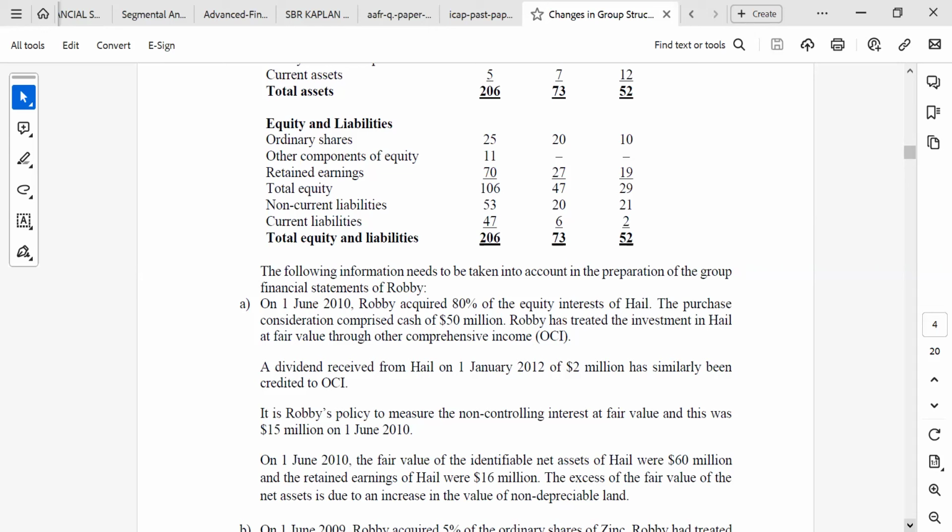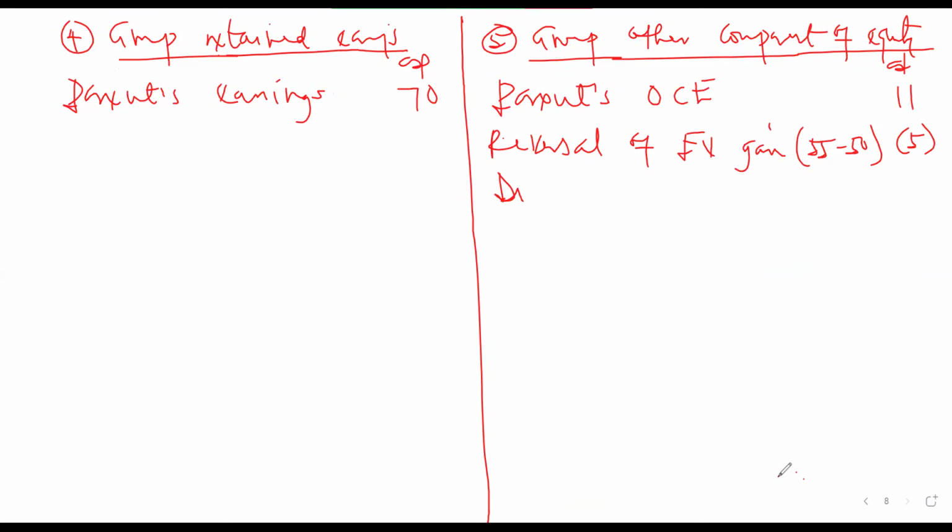Retained earnings. So we transfer the dividends of 2 million from here and bring it towards the retained earnings. Dividends are not supposed to come here. Okay, so those necessary adjustments have been done now.